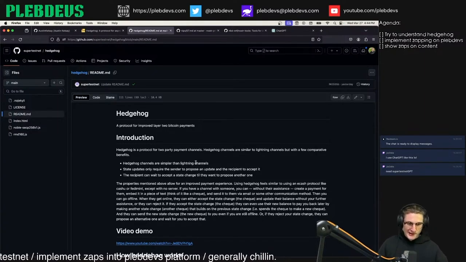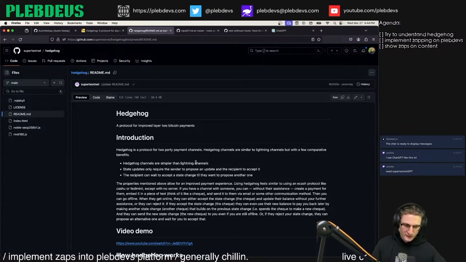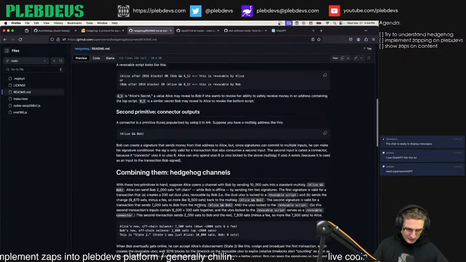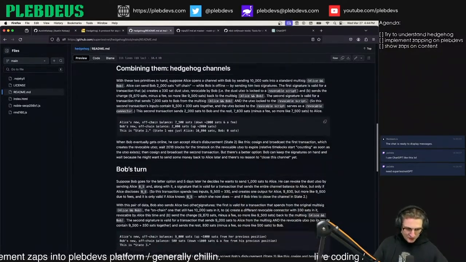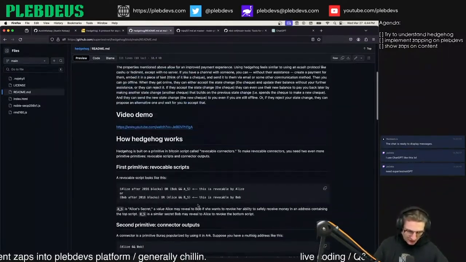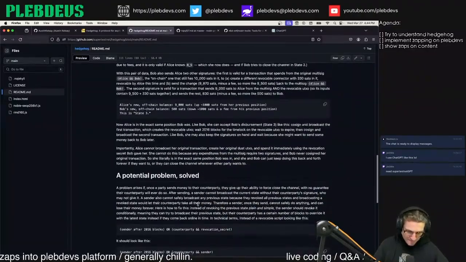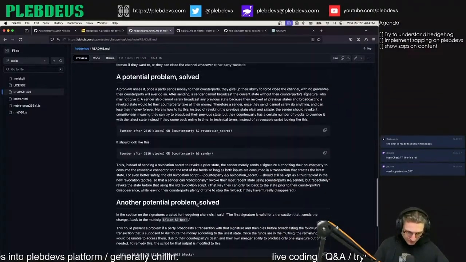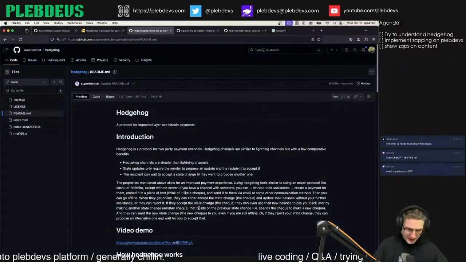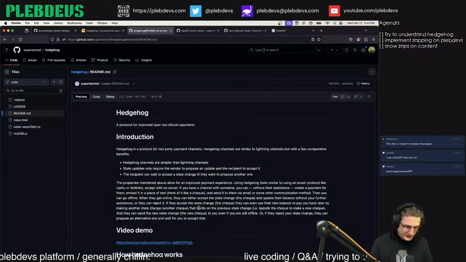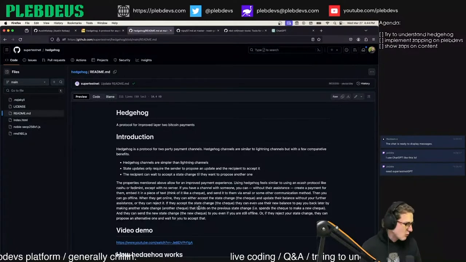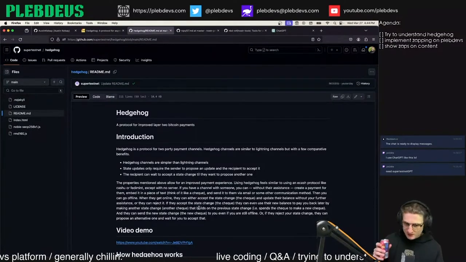Fascinating proposal. Definitely going to look into this more in the future, and I'm still not fully satisfied with my understanding of the revocable connectors, but the primitives here are at least pretty easy to understand, a very similar mental model to Lightning, so that's awesome.